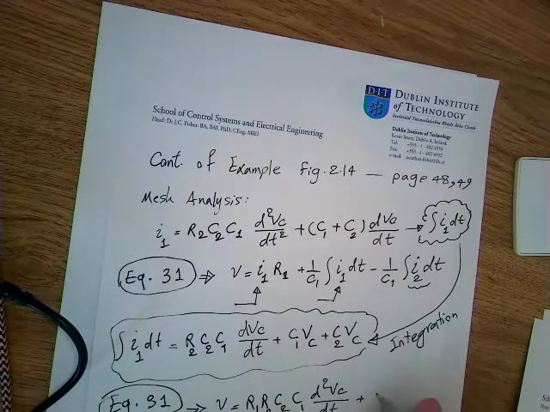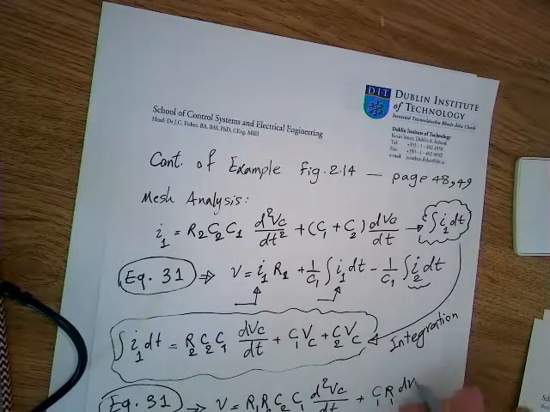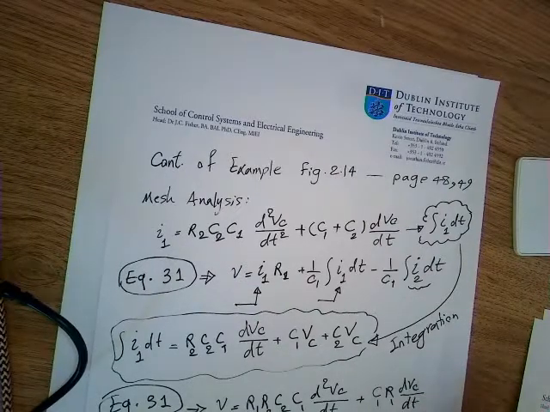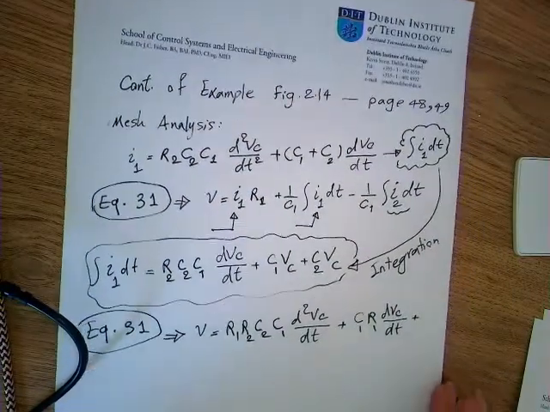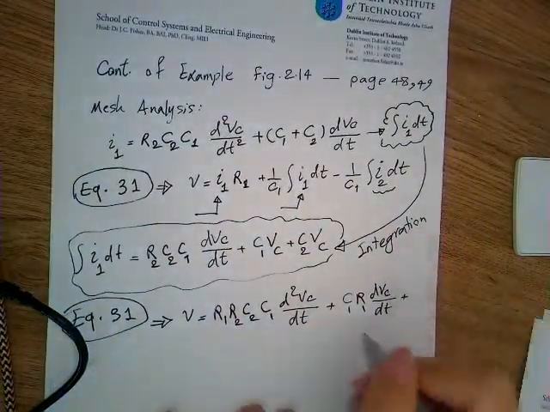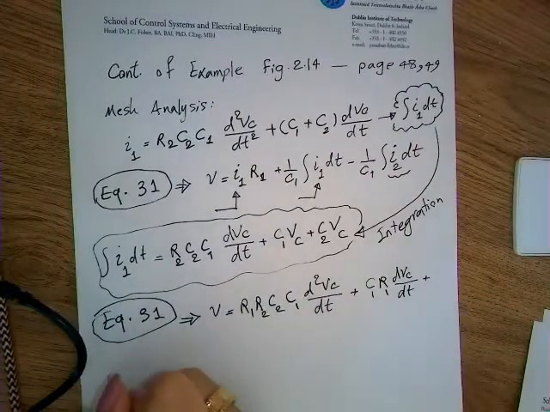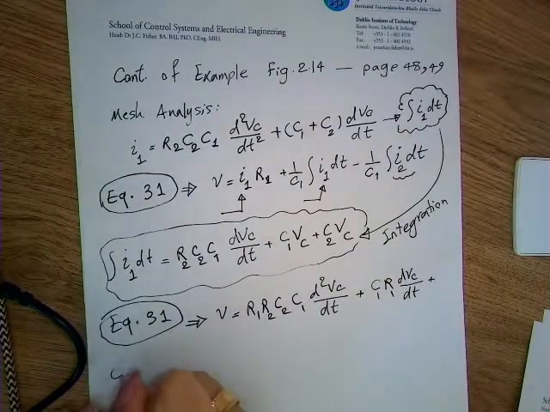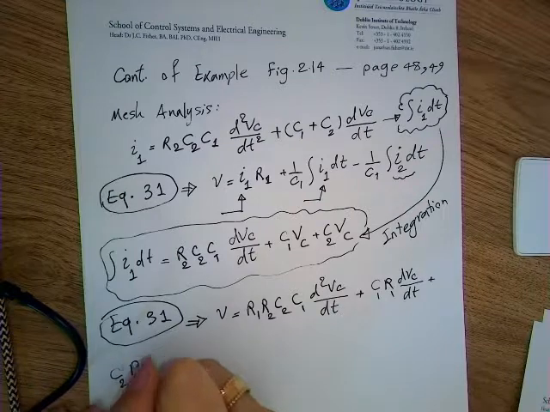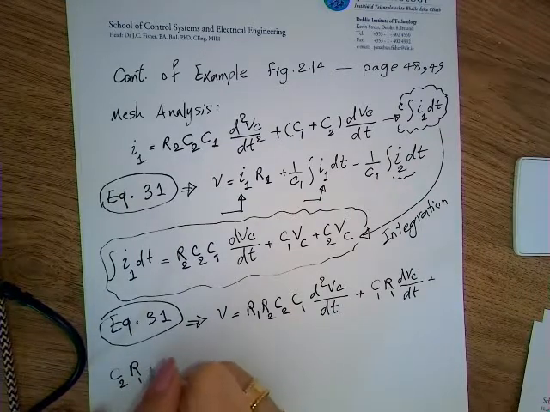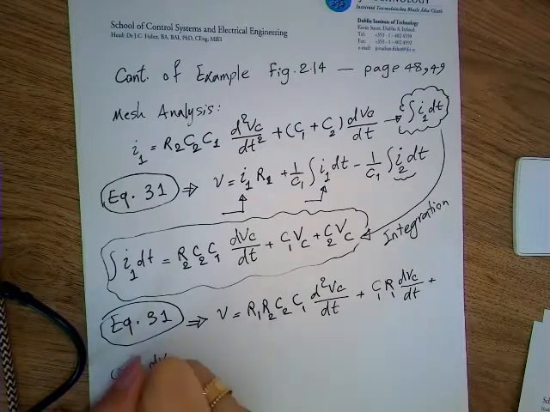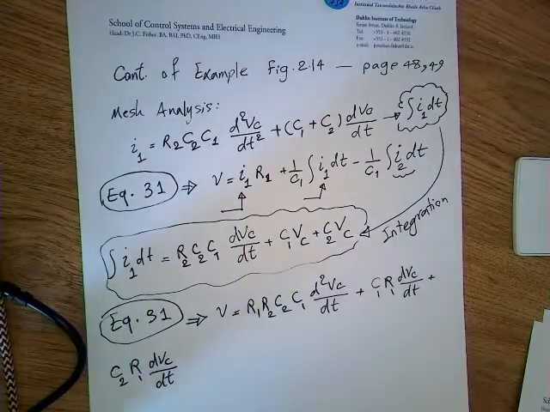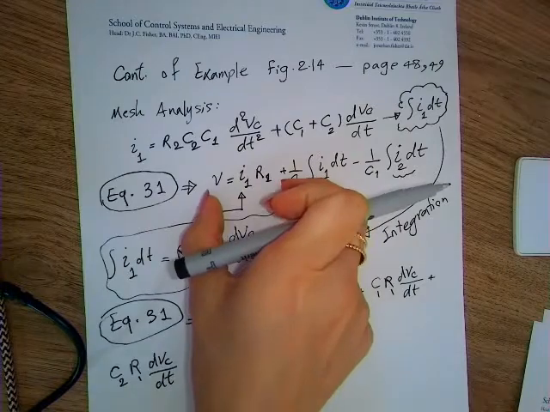So I will have C1 R1 derivative plus, I continue here, so it will be C2 R1 another derivative. I'm done with my first part of my equation 31.